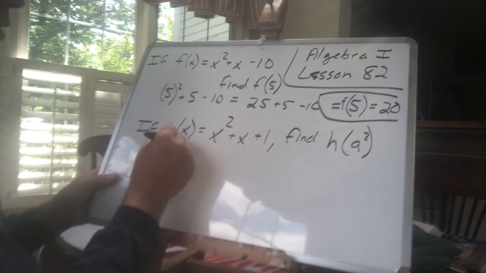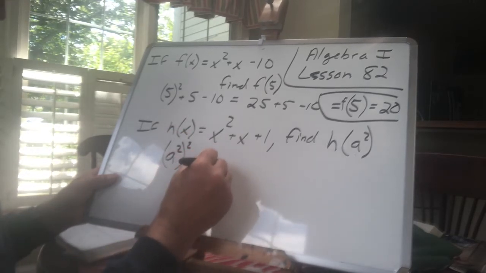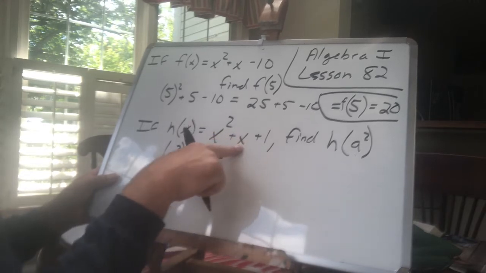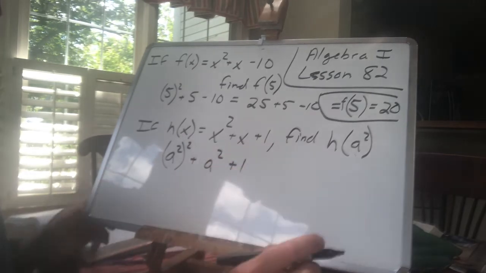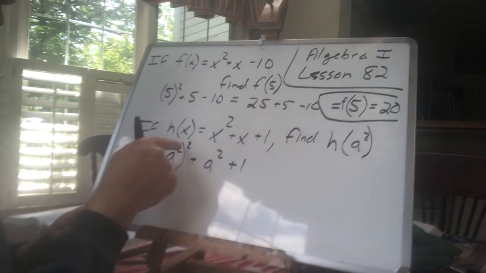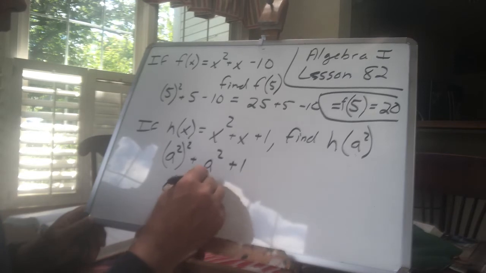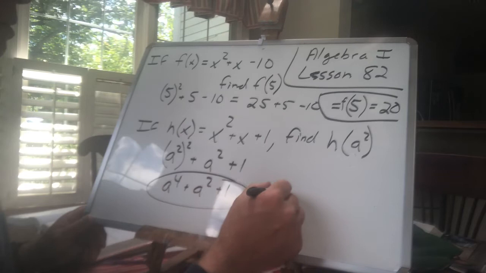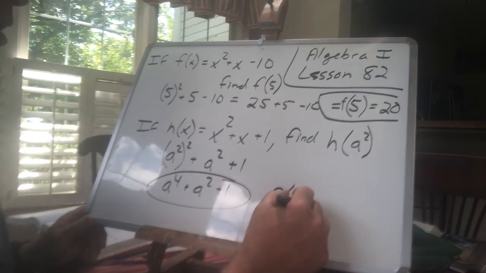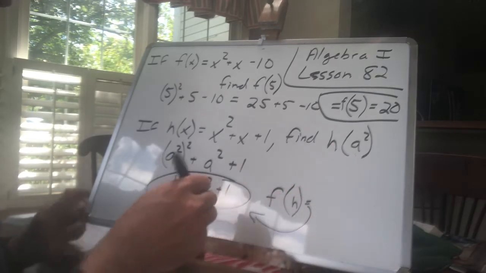However, there's another squared, so we're going to square a squared, plus a squared plus 1. So what is a squared squared? It's 2 times 2, which would be 4. So it would be a to the 4th plus a squared plus 1. And that's how you would write that. You would write f of a squared equals this right here.